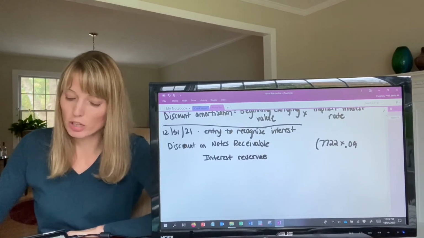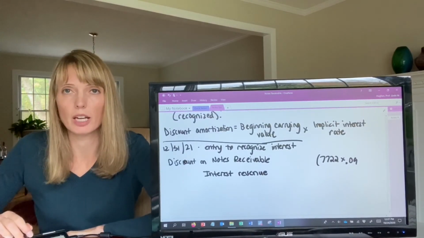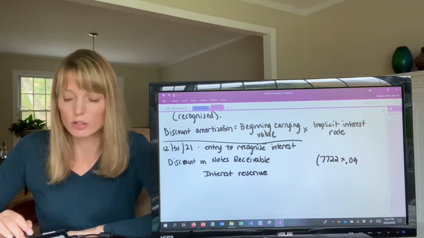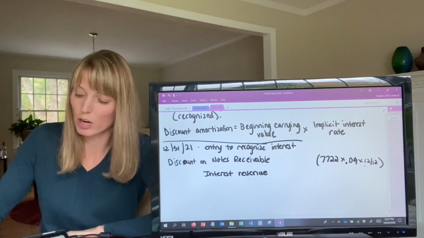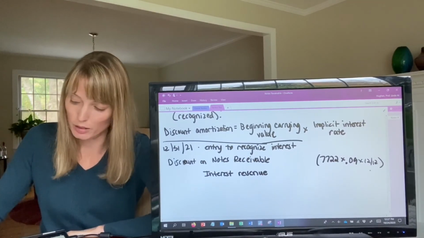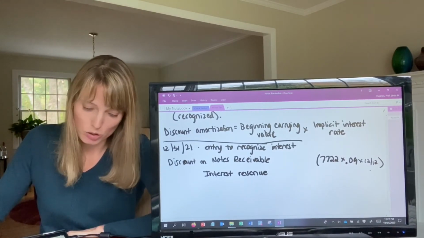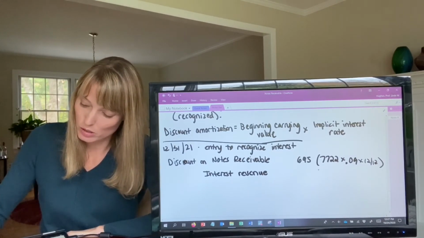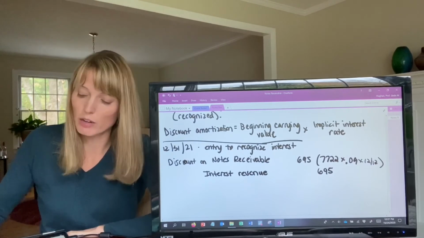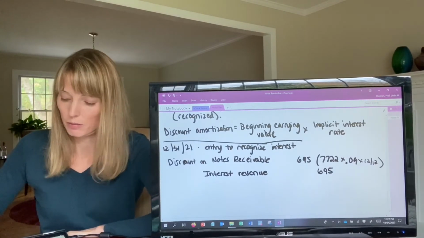And then how much time has that been outstanding? Well, we didn't record anything else during the year, so this is 1 year's worth of interest. So times 12 out of 12, or times 1, or we can just drop this whole term with the allocation for time. And $77.22 times 9% works out to be $695. That's the amount of interest revenue that would appear on the income statement.